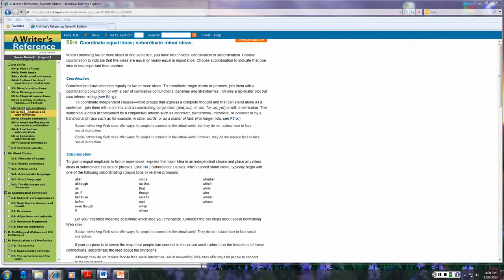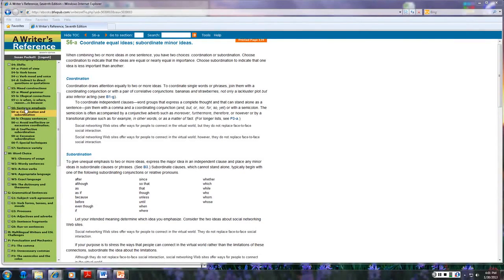The other thing is the idea of subordination. You can show relationship between ideas and help make your information or your writing flow by showing that relationship, that one idea has less importance than another. You can address the passage of time. You can address whether or not one thing is more important than the other.